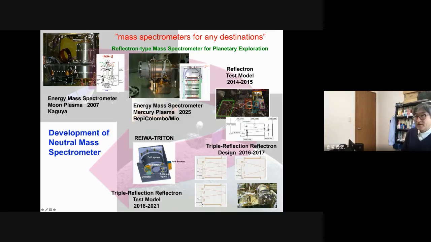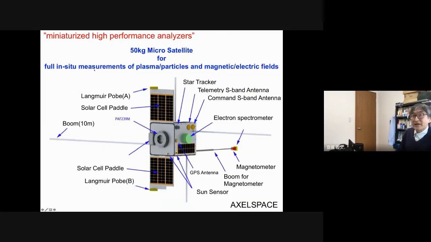Okay. And talking about the miniaturized high-performance analyzers, in the future, we want to realize a 50-kilogram microsatellite for fully in-situ measurements of plasma particles and magnetic and electric fields. This is the conceptual design of such a micro spacecraft.